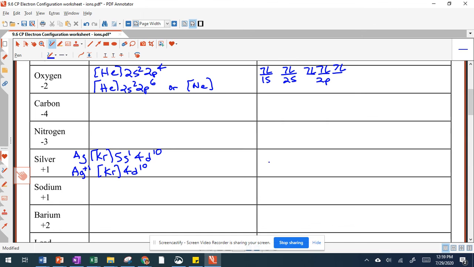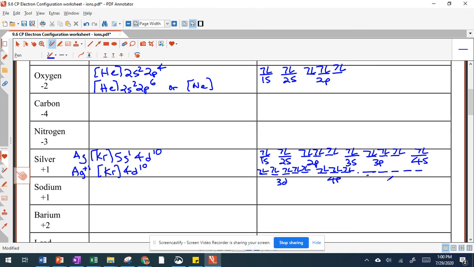However, it's a very stable configuration, and we have a +1 ion. If we wrote the orbital notation for this one, we would have 1s, 2s, 2p, 3s, 3p, 4s, 3d, 4p, and then 5s, excuse me, not 5s, we would skip that, and then we would have 4d.